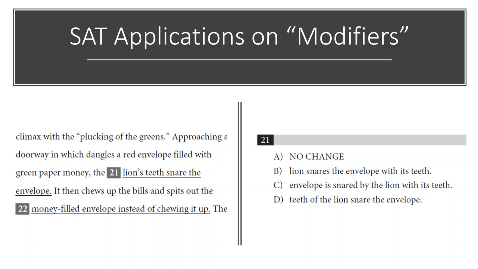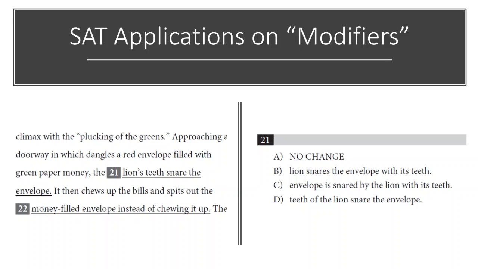Okay, so here lies the mistake. I need to mention the doer immediately after the comma here, and the doer is the lion, not its teeth. Okay, so in the options here, I should look for a main clause that starts with the lion itself. Have a look at option B. Yes, you're right. The lion snares the envelope with its teeth.